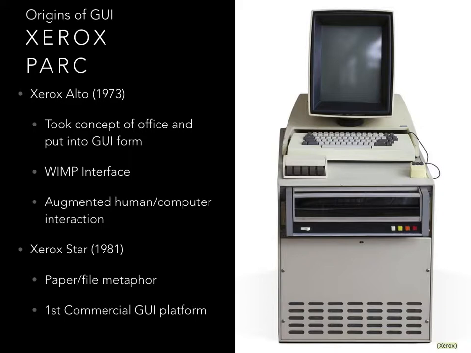Again, as I mentioned, Xerox being a paper copying company, they wanted users to see the screen, print the screen out, and have an exact copy of that screen. This became one of their selling points for the Xerox Star, and it was really the first commercial platform that embraced what we've come to know as the modern desktop and the graphical user interface.